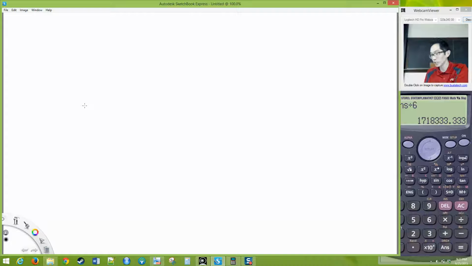Okay, I want to talk about shapes of distributions here. Okay, so when we're talking about a numeric variable, we have shapes of distributions.